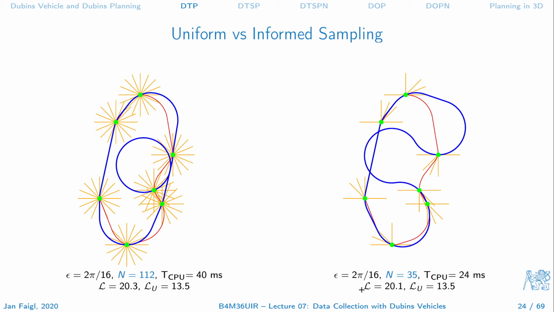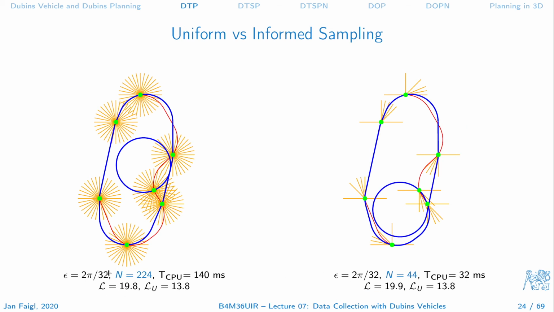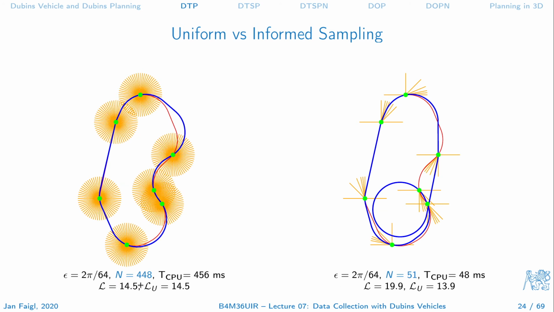It's almost the same. In this case, we are lucky. But this time, okay, it's better. And now we actually have almost the lower bound. This is not that tight.